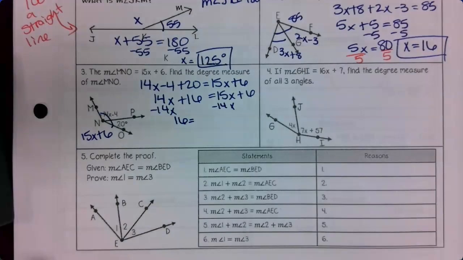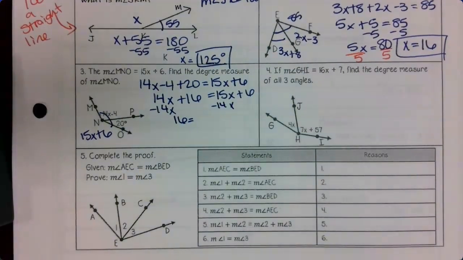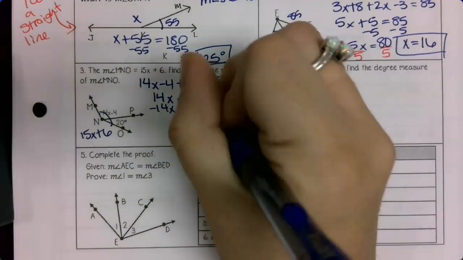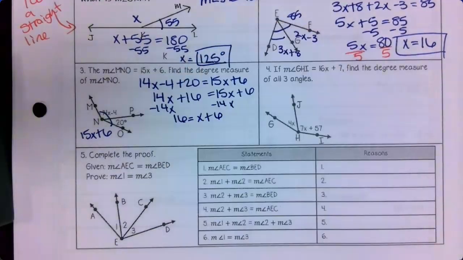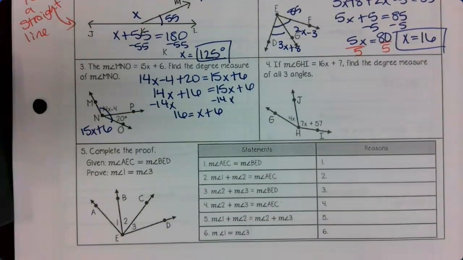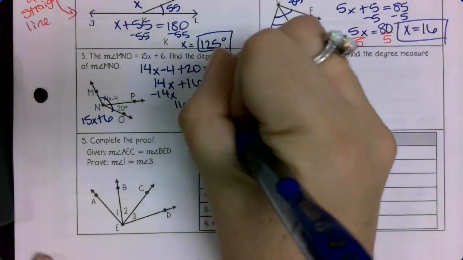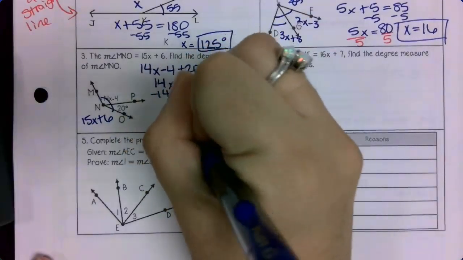So 15x minus 14x is, okay, and then to get x alone, I want to subtract it. I get x equals 10.